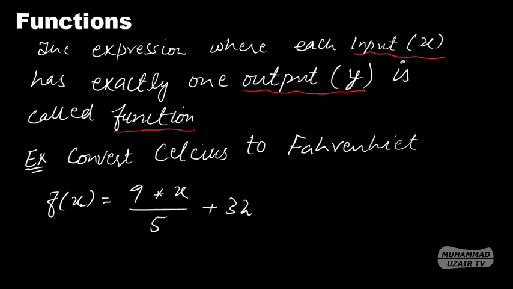So f of x is Fahrenheit and x is Celsius. The input is Celsius and the output is Fahrenheit. So let me write the expression again. f of x is equal to 9 multiply x divided by 5 plus 32.